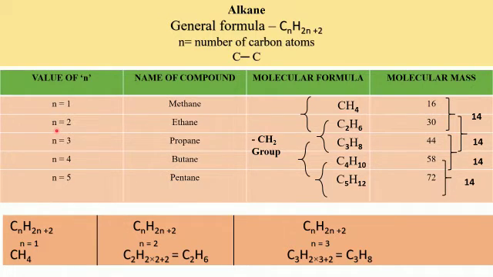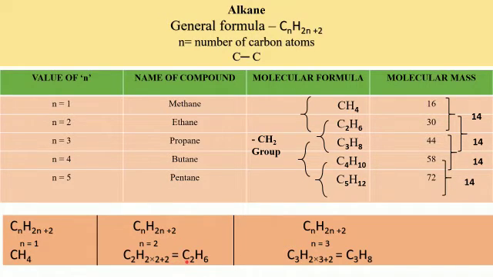Then we will substitute the value of n equal to 2. Here the example is solved for you. Here we have value of n is 2. So we get C2, hydrogen 2 into 2 plus 2.